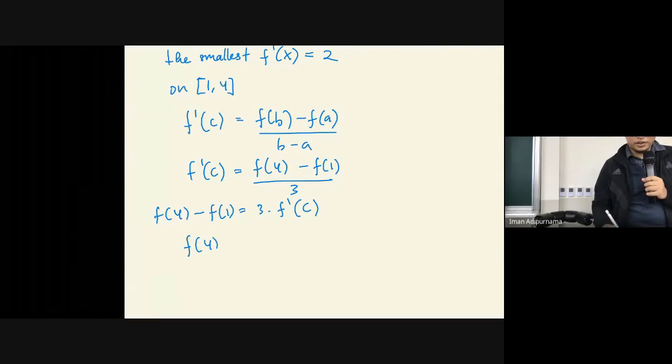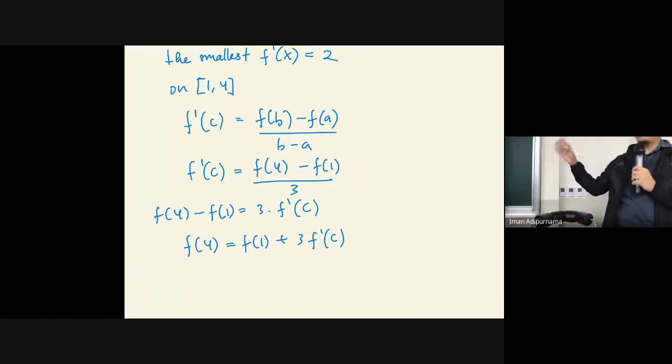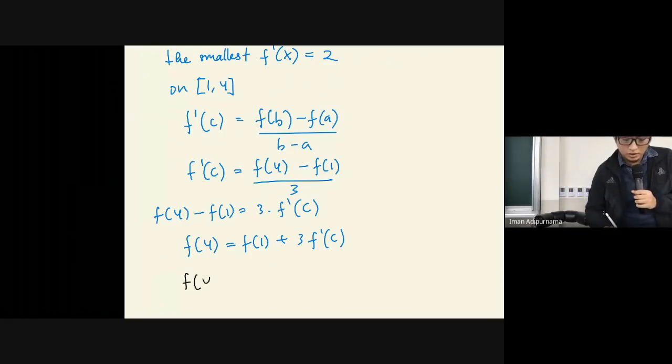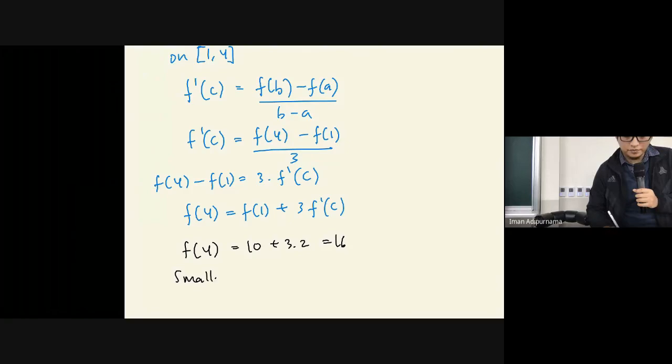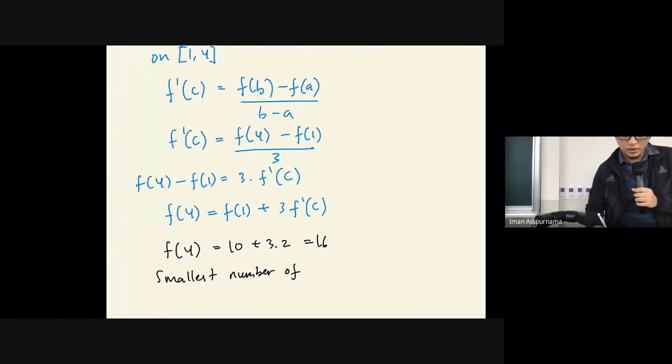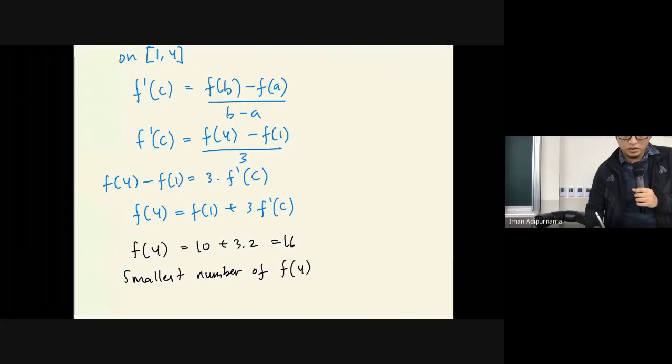And f4 should be f1 plus 3 f prime c. And we get the idea that f prime c, the smallest number of the derivative, is 2. So the smallest f of 4 is just f1, which is 10, plus 3 times 2, 16. So the smallest number of f4 is 16.